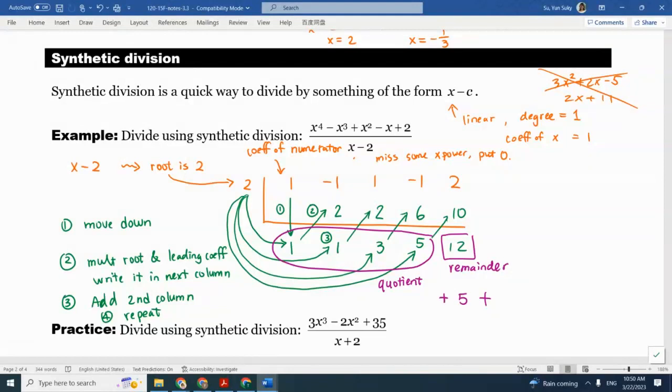So you will get what? 3x. And the next one you get 1x squared. The next one you get 1 and then it's x cubed. Is that okay, everybody? That is the quotient. These are the coefficients of the x powers. Plus the remainder, which is 12 over the divisor x minus 2. So this is what it means.